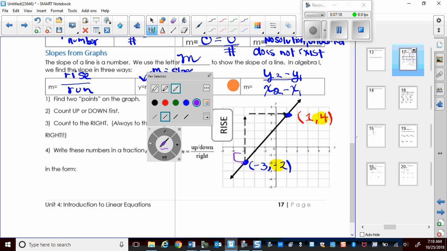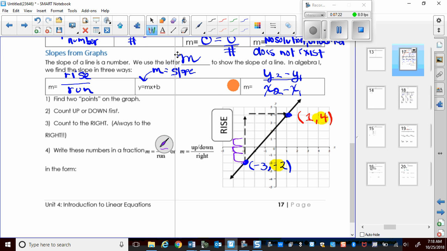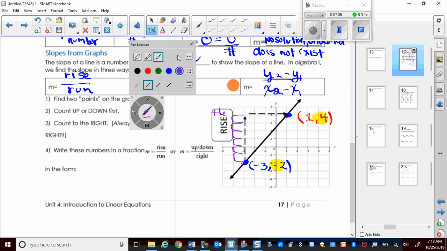So 1, 2, 3, 4, 5 units, 6 units. So I went up 6 units, 6 positive units. My rise is +6. So in this fraction, my rise is up 6, so +6.